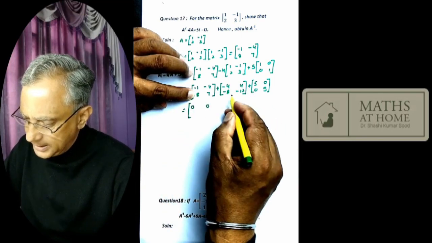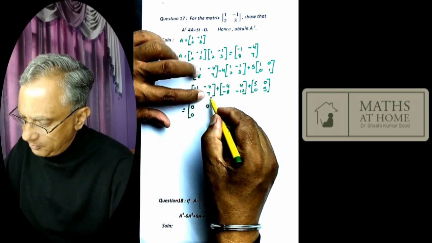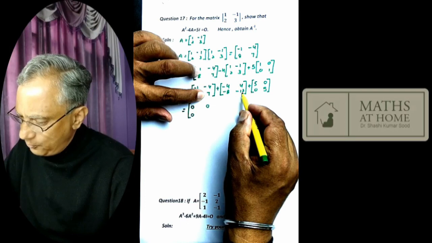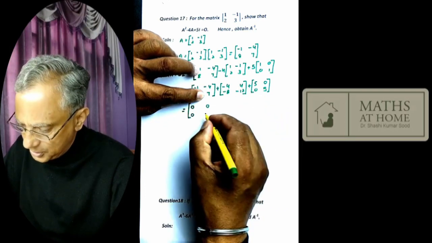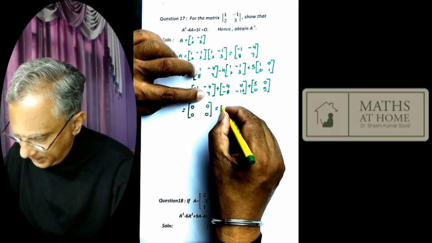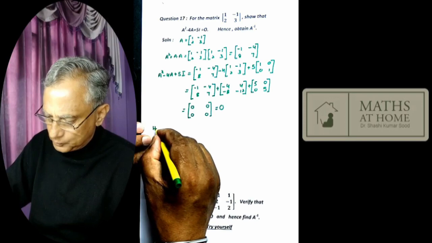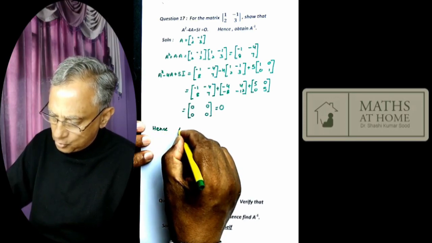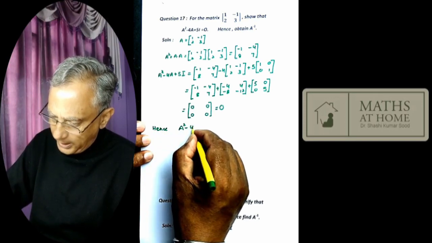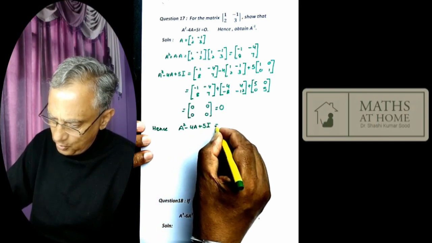So 8 minus 8 is 0, plus 0 is 0. And 7 minus 12 is minus 5, plus 5 is 0. So we have proved that A square minus 4A plus 5I is equal to 0.